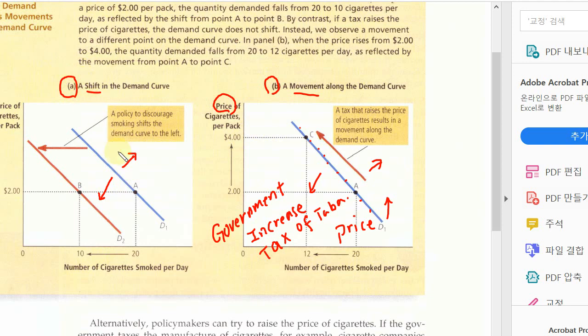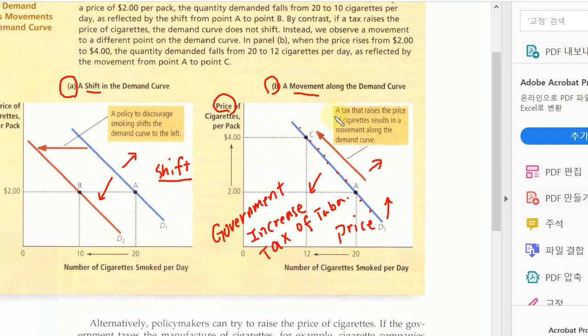Illustration A shows that the demand curve itself moves. In this case, we call it a shift, not a movement, a shift downward or upward.